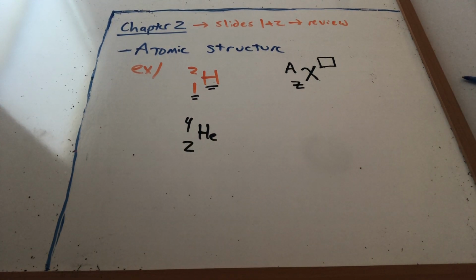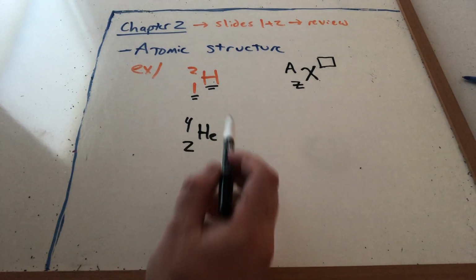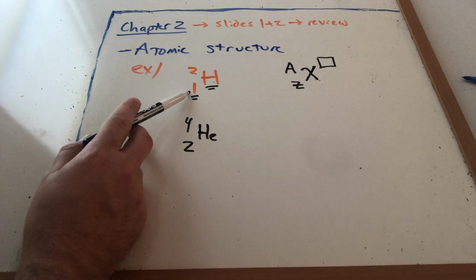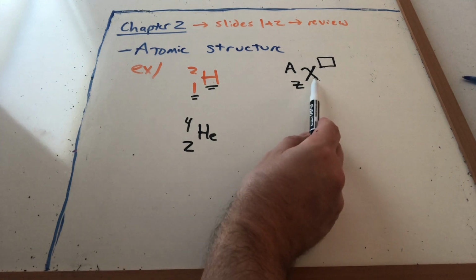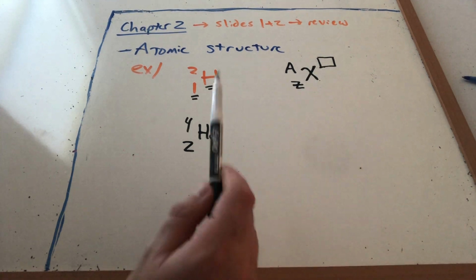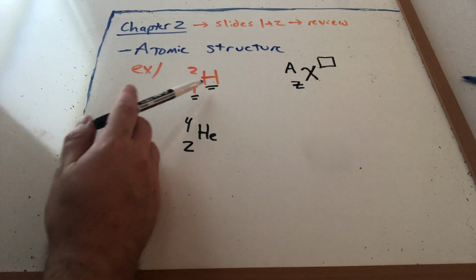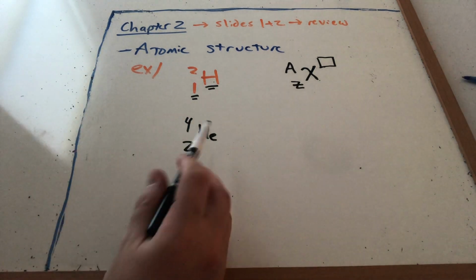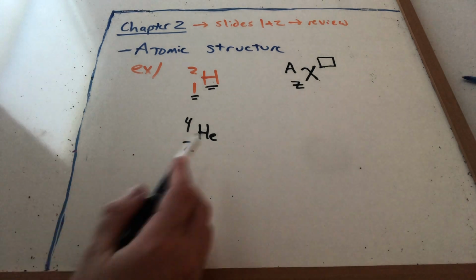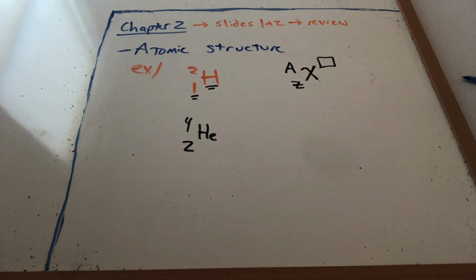The reason I'm bringing this up again and again is to solidify the idea that if you change the number of protons, you change the identity of the element. Every element gets its own little label here. For hydrogen, which has 1 proton, we have an H. For helium, which has 2 protons, we have an He.